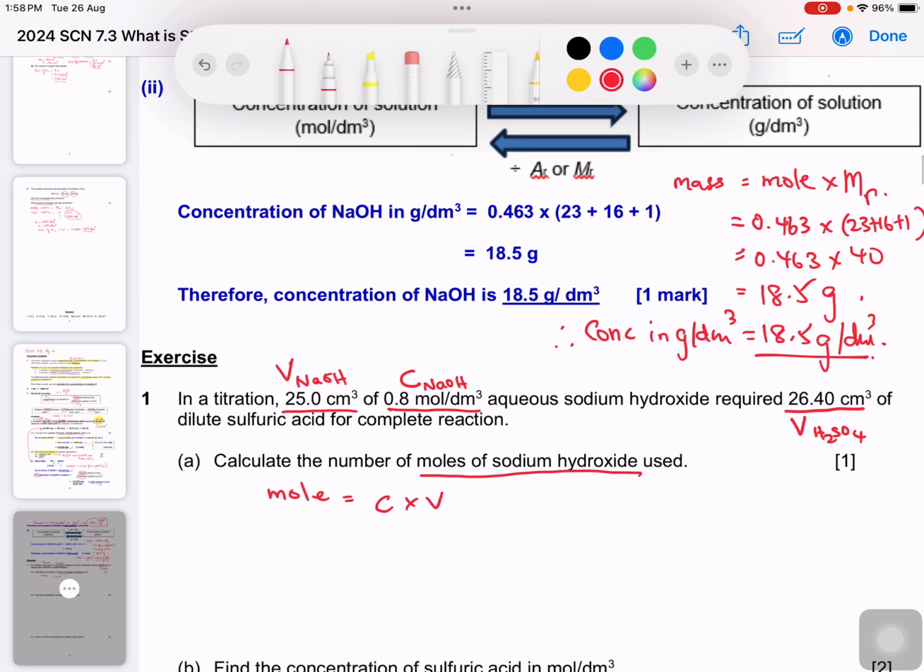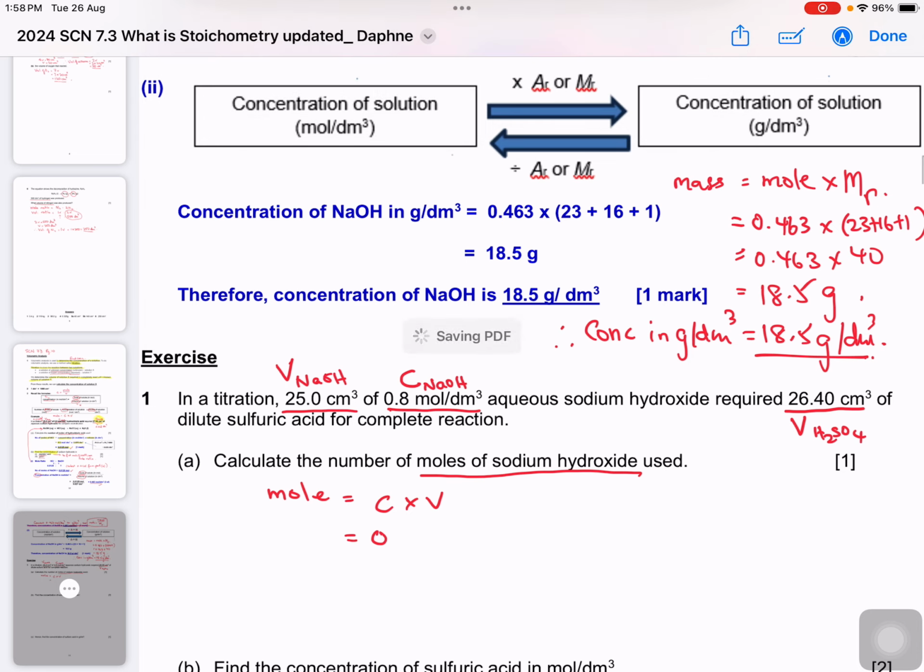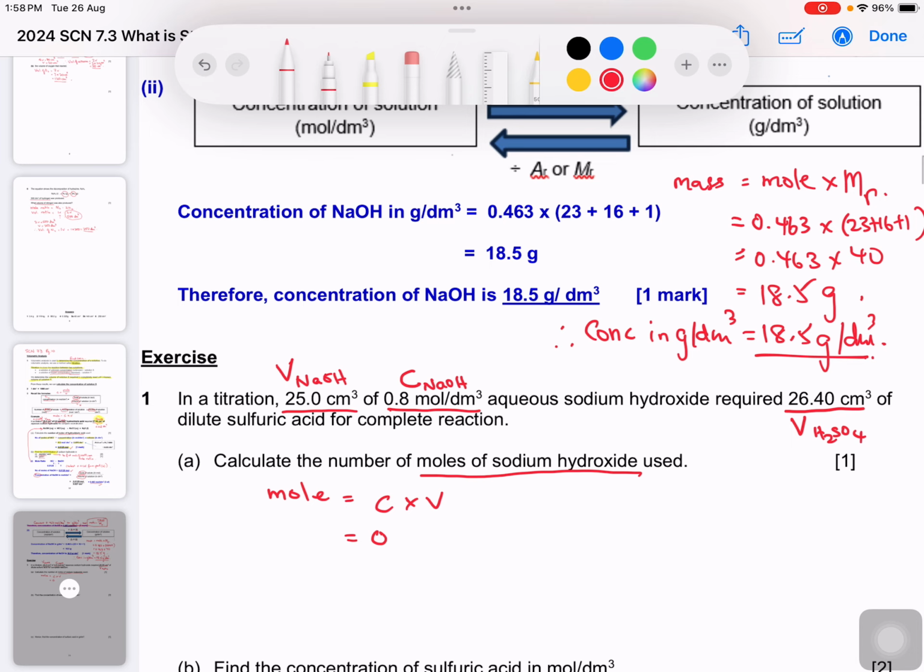And what is the concentration? 0.8 times volume is 25 cm cube, but you have to convert to dm cube. Okay, why like this?